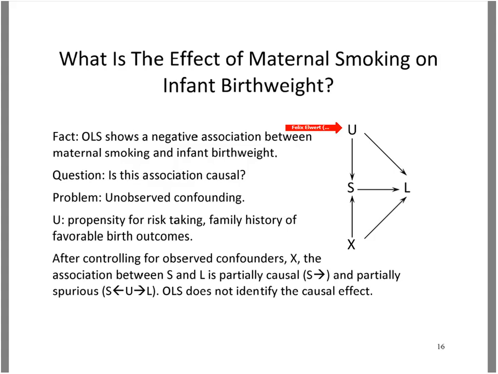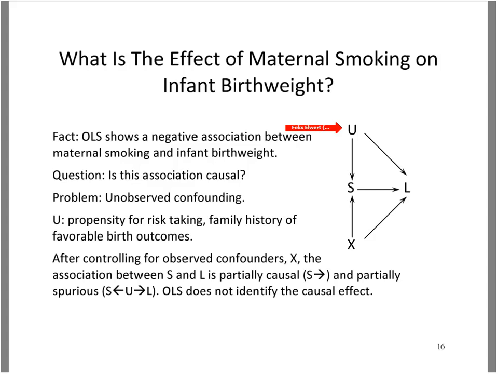factors. Now, in a regression model where you control for X, controlling for X would block the non-causal path from smoking to low birth weight because X is a non-collider. Conditioning on non-colliders blocks a path.